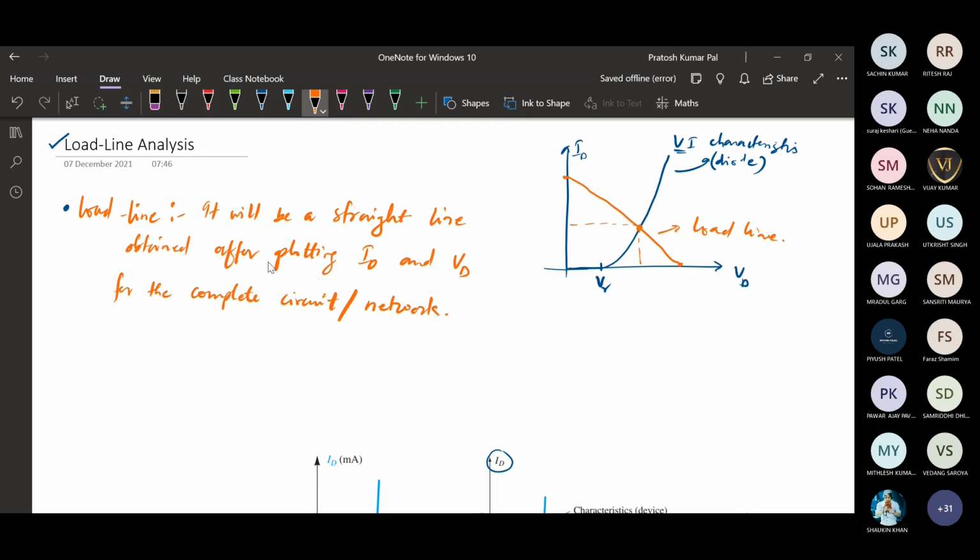At this point, the VD value is called VDQ and the current we get is IDQ, the quiescent point voltage and current. At that particular voltage, how the diode behaves is considered for the analysis.